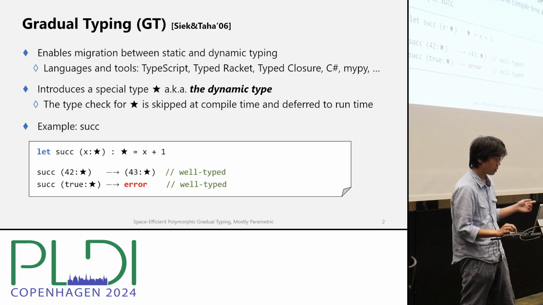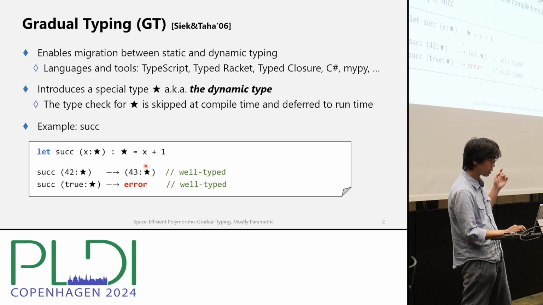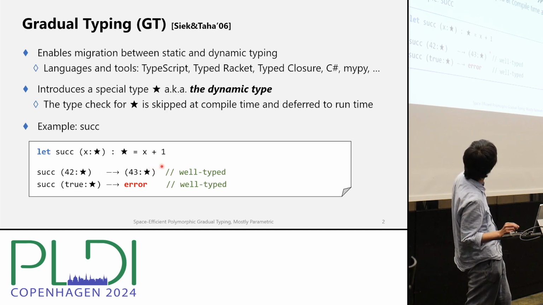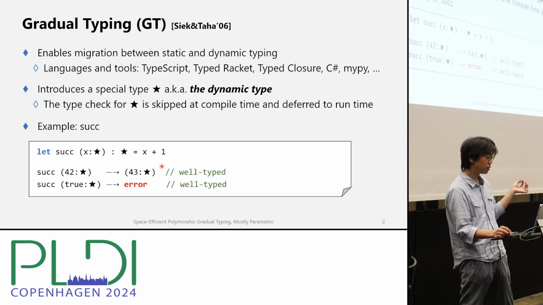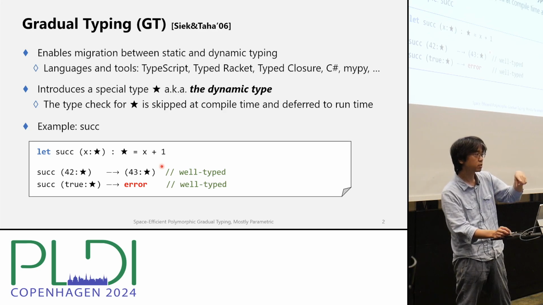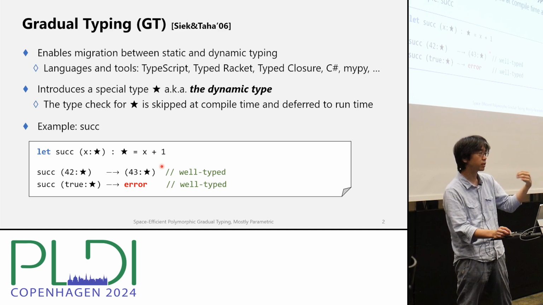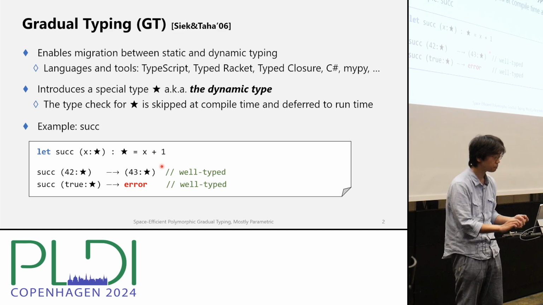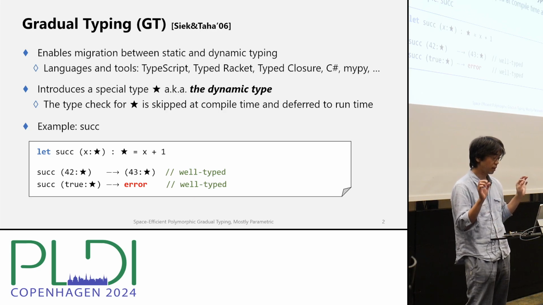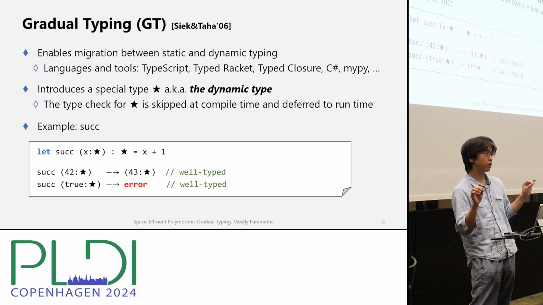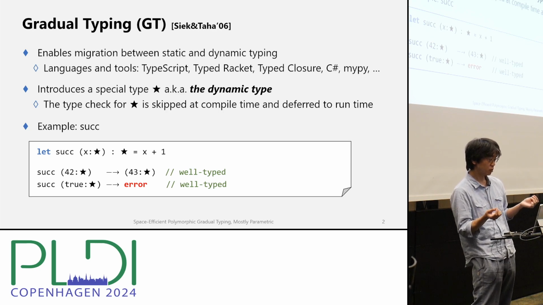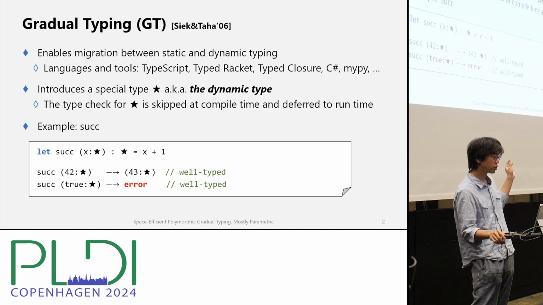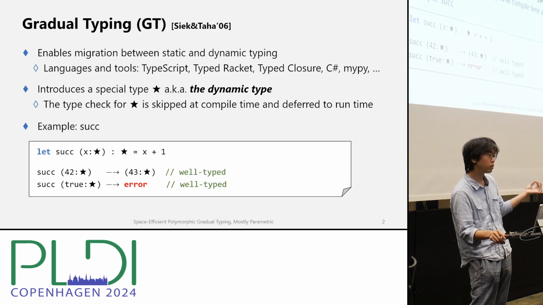So let's see one example here. Here, the successor function takes a value of type star, but it is converted to an integer, and then the successor of it is returned as a value of type star. And as I said, the static type checking for star is skipped. So both of our two function applications below are well typed.